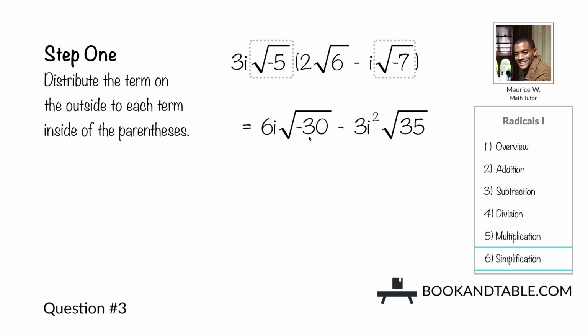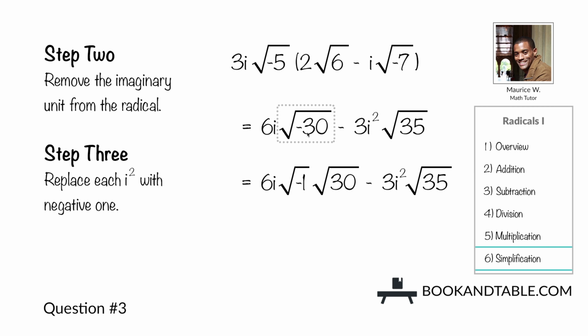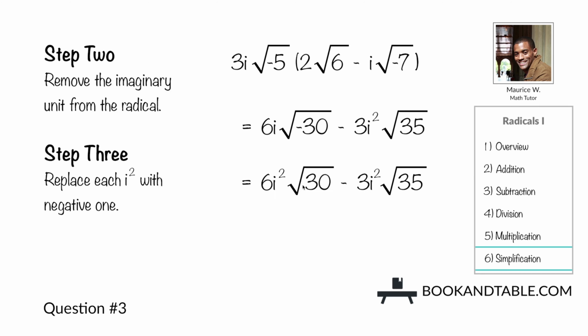And now we want to simplify these terms even further. So step 2, remove the imaginary unit from the radical. So we take this negative 1 out and we replace it with i. So 6i times i gives us 6i squared. And over here we have minus 3i squared still.